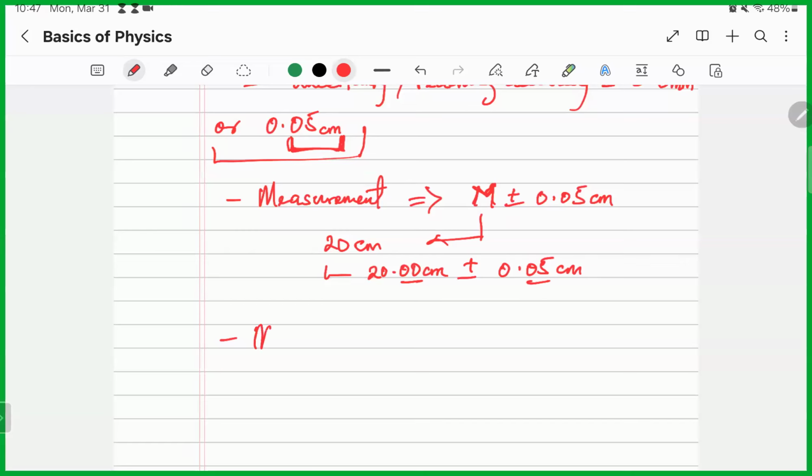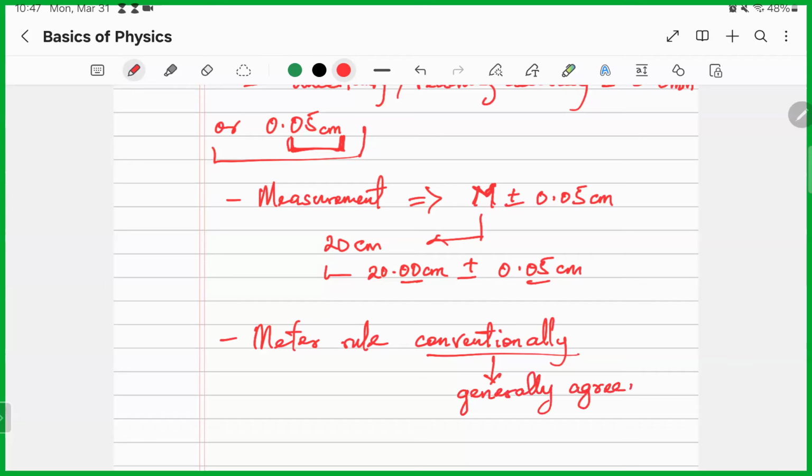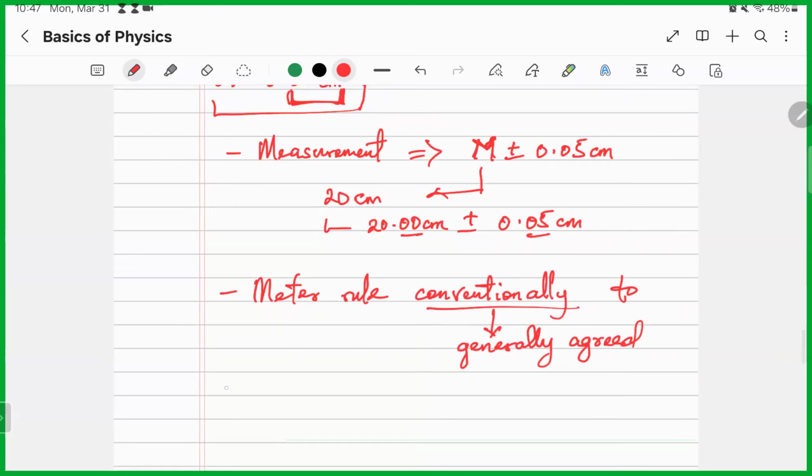And then the meter rule, conventionally, which means what we regularly agree, generally agreed, is used to measure longer lengths, like in the lab.